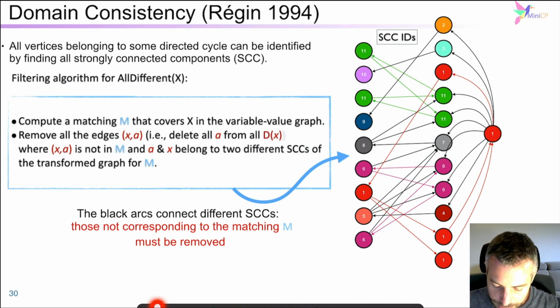So I have represented here a color code for all the strongly connected components. For instance, these four ones have the same color because they belong to the same strongly connected component. And so we can remove all the black arcs that connect two different strongly connected components if this black arc does also not belong to the maximum matching.